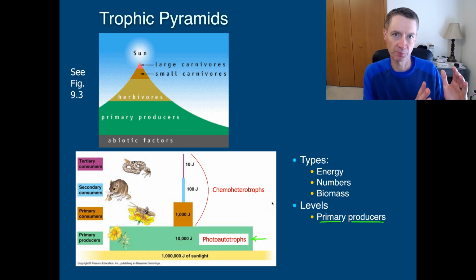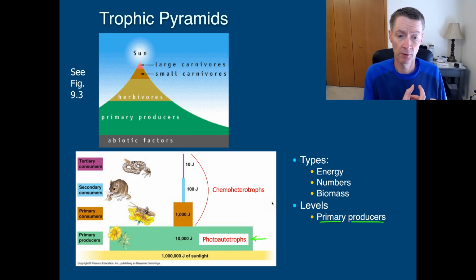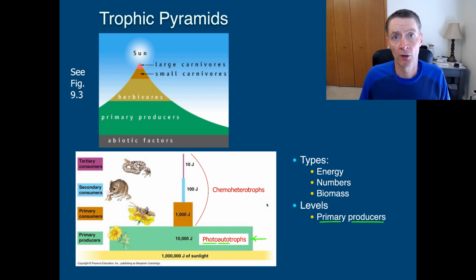Okay, so now we're taking terms we used earlier in this module 2, classifications of how organisms get their energy. We say chemo or photo, and how organisms get their carbon for growing bigger. And then we go auto or hetero. So if we talk about the primary producers, one big group that we could be talking about would be those organisms that get their energy from the sun, photo, and they grab inorganic forms of carbon, like carbon dioxide out of the air, and they use that to make sugars, right?